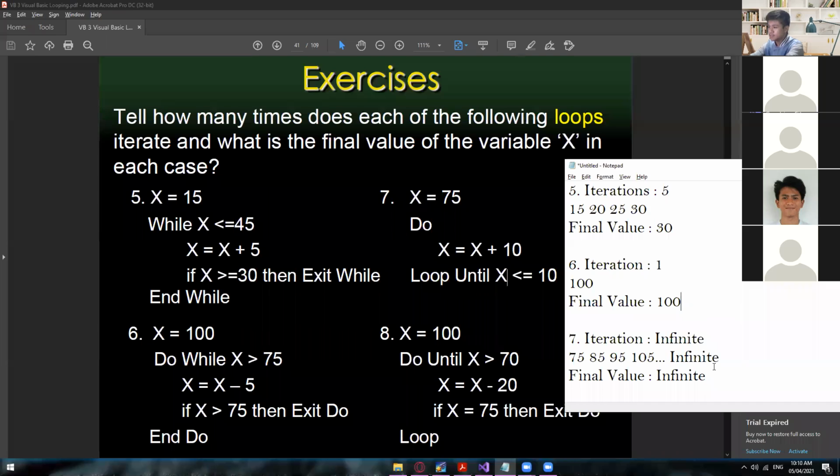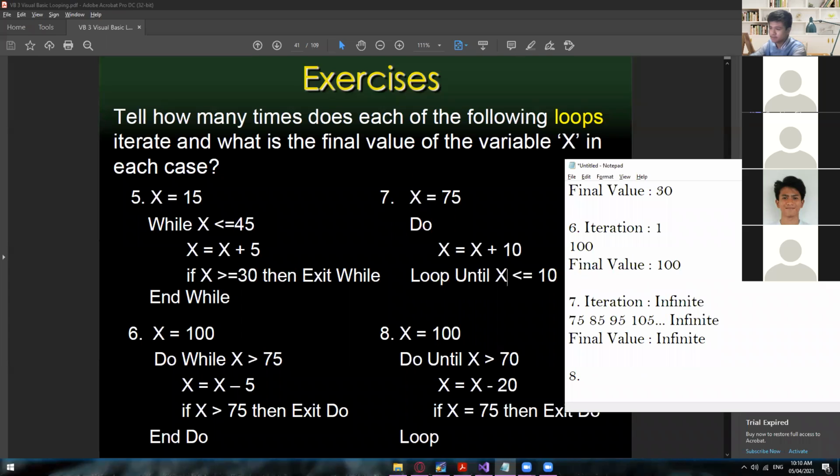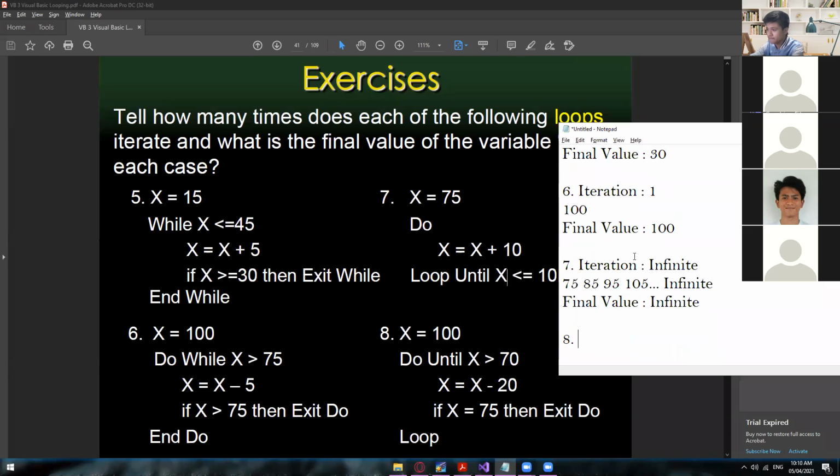All right. So that's it for number 7. How about number 8? Anyone? How many times will this iterate? We have used until in here, so this will only stop looping once this one becomes true.